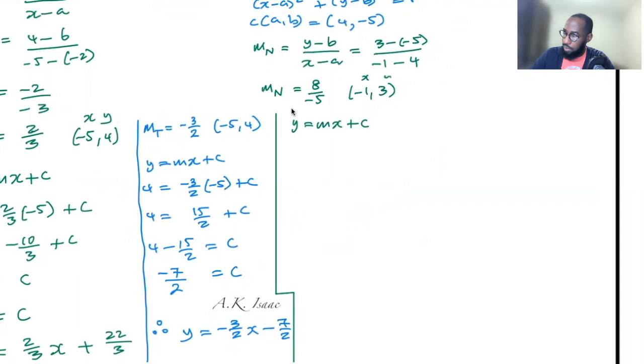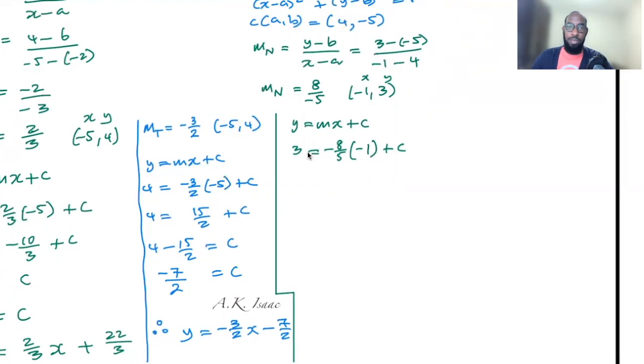This is x, this is y. Now, I can write 8 over -5, or I can simply write -8 over 5. It's the same thing, both equal, all right? So whether you have it at the bottom, top, or in front, it's the same thing.